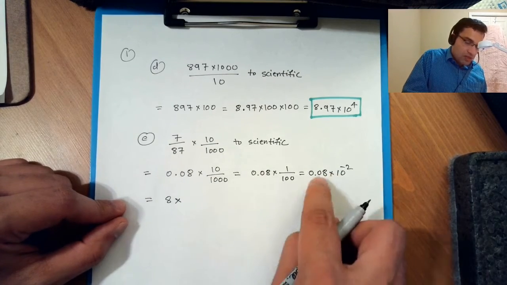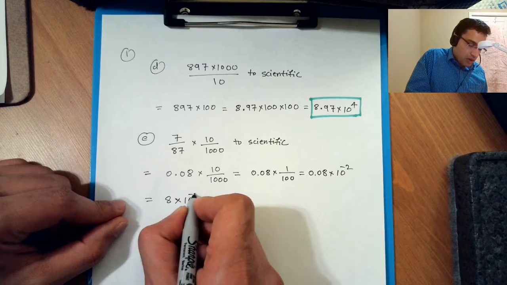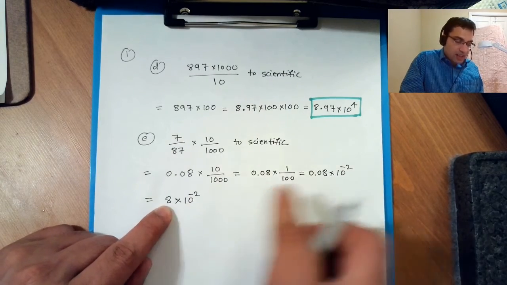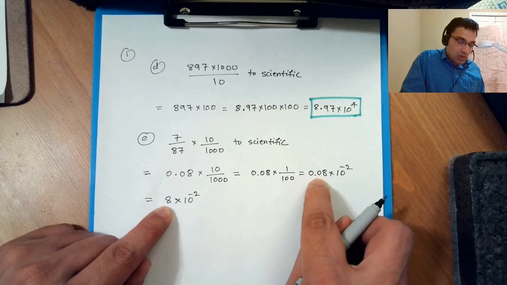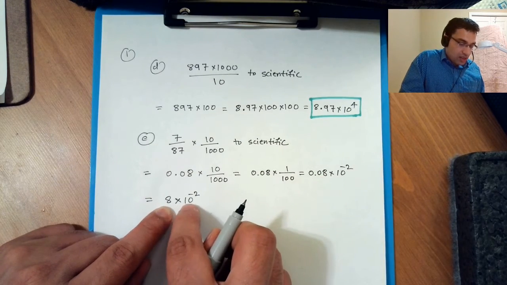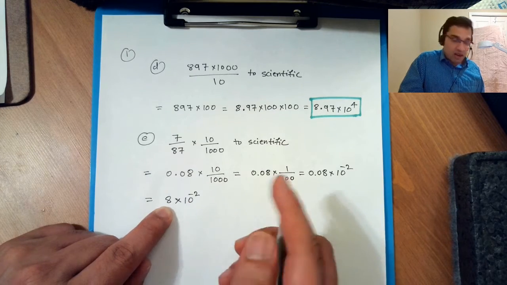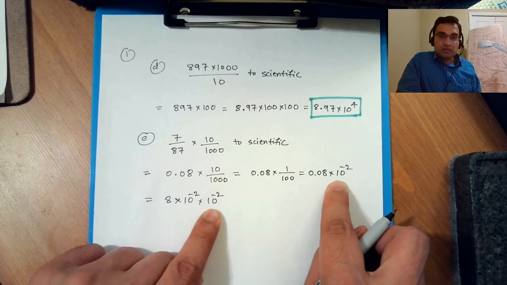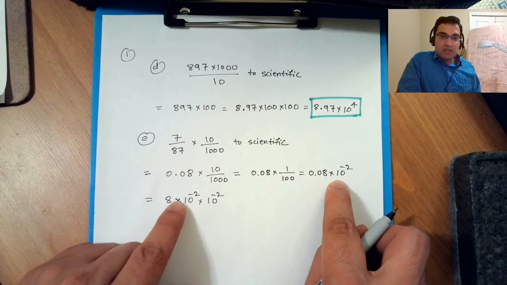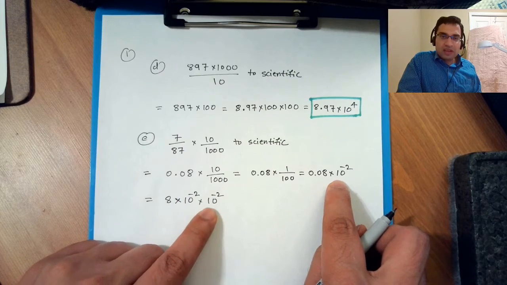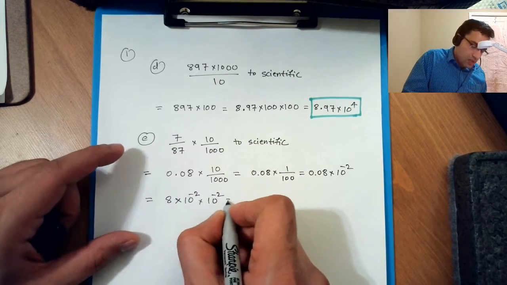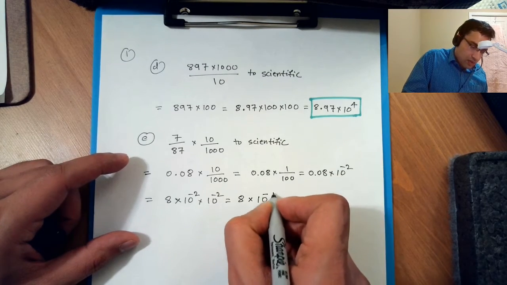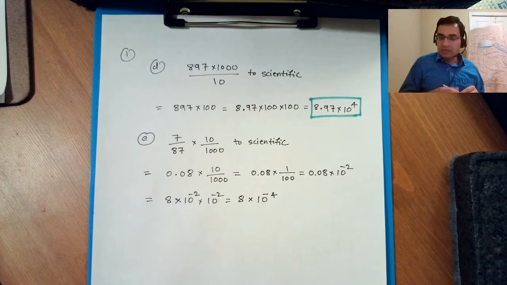This becomes 8 multiplied by 10 to the power negative 2, which is due to the fact that I multiplied this 0.08 by 100. 10 to the power negative 2 is like dividing by 100 times this original 10 to the power negative 2. So this is the same as 0.08 times 10 to the power negative 2, which is 8 times 10 to the power negative 4. That's the scientific format.